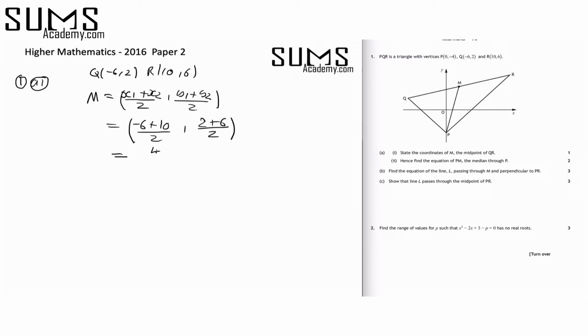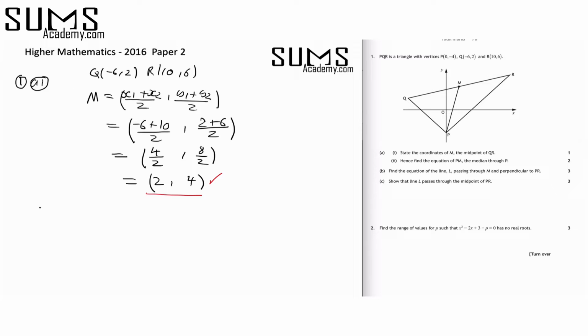This equals 4 over 2 and 8 over 2, which simplifies to 2 and 4. That's your final answer there, (2, 4). I think it's just 1 mark. Yeah, that's your 1 mark.